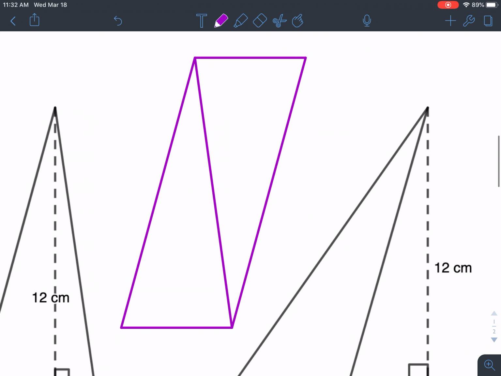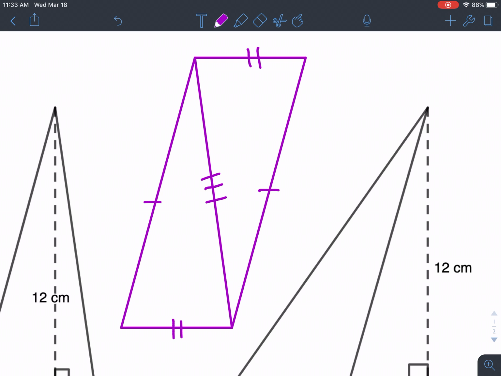Hopefully you would notice that because we duplicated and didn't dilate in any way, we've got 2 pairs of congruent sides, where this third side reflexively is congruent to itself. So what we have here are 2 congruent triangles, by side, side, side, and those 2 triangles together make a parallelogram because there are 2 pairs of opposite sides.